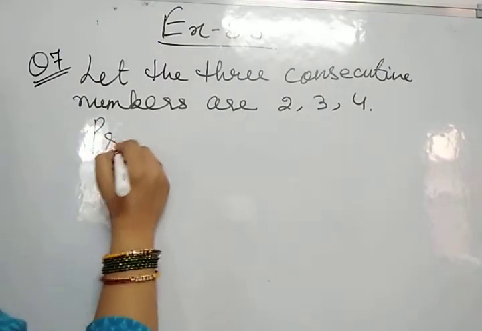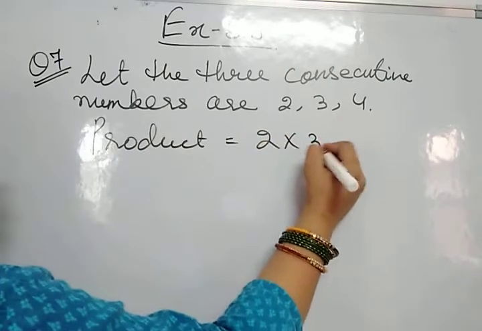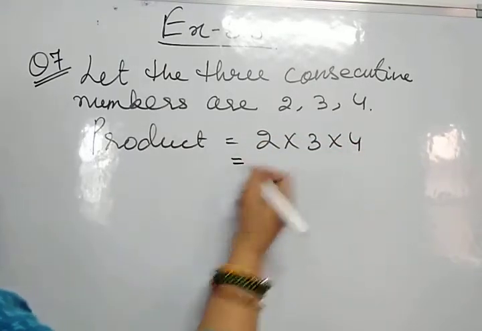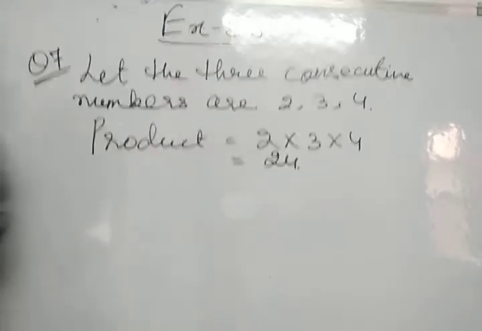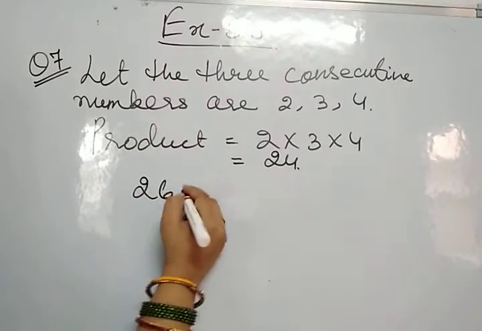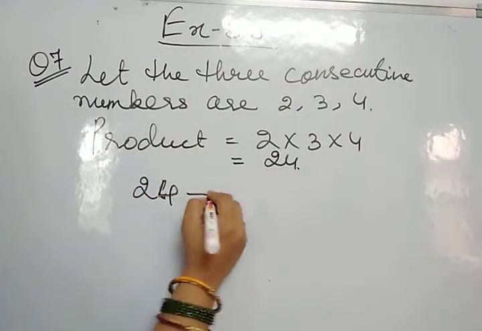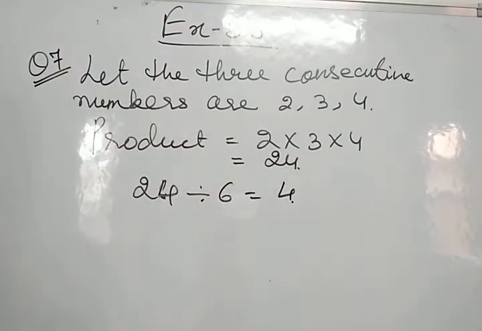Find out their product. 2 into 3 into 4, that is 24. Is it divisible by 6? Yes, 24 is divisible by 6, 4 times, because 6 fours are 24.